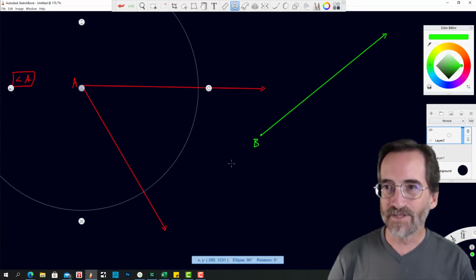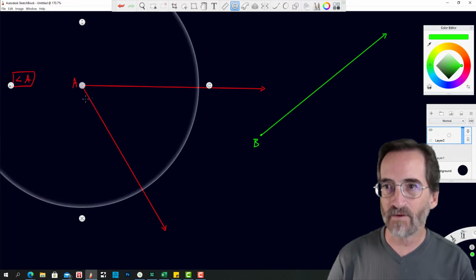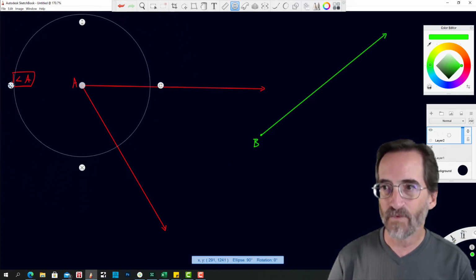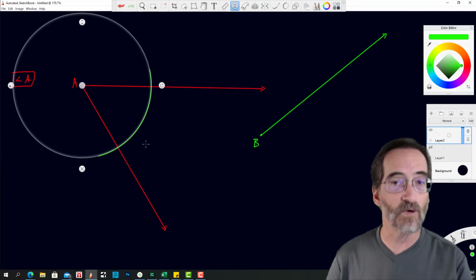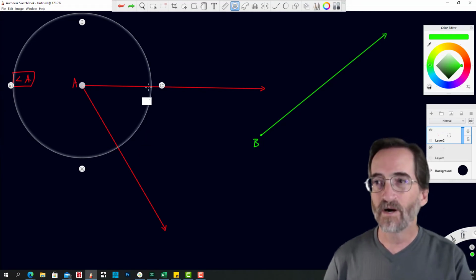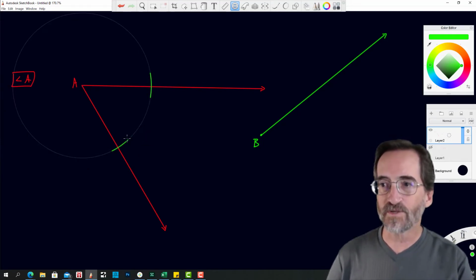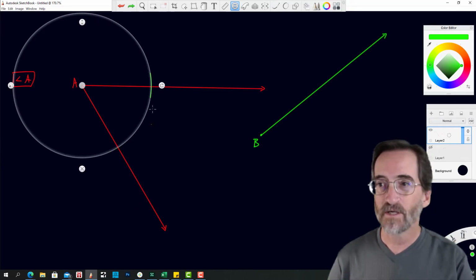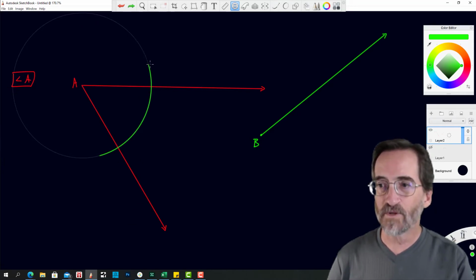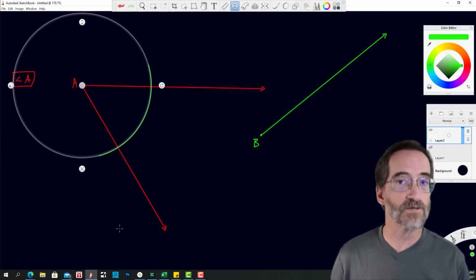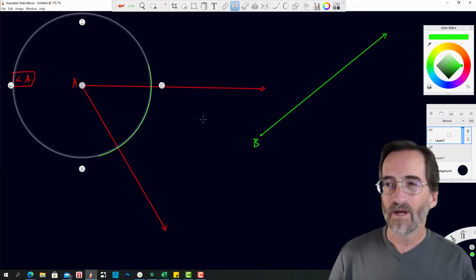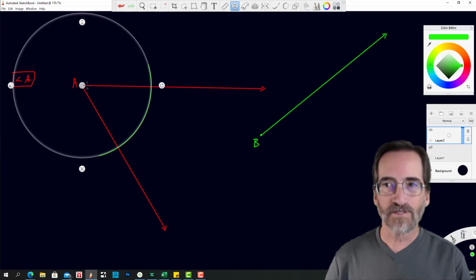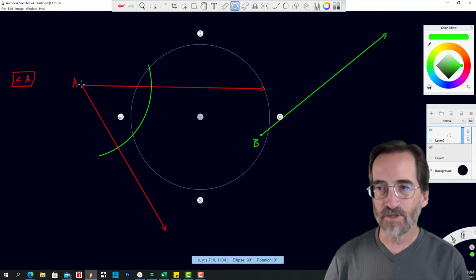I'm going to place my point on vertex A, set it to something convenient, and draw a circular arc that crosses both legs or both sides of the angle. Now, I could do it this way and just mark where it crosses, but for the sake of simplicity, I prefer to draw a circular arc that crosses both sides of the angle.